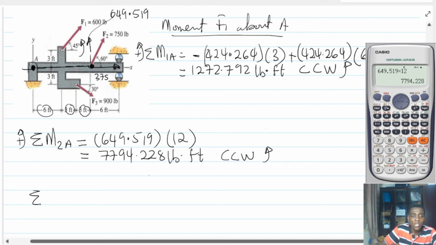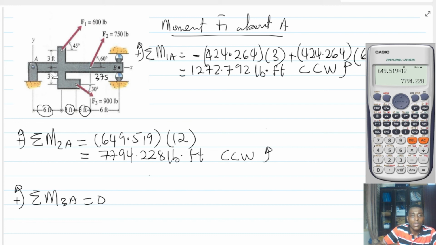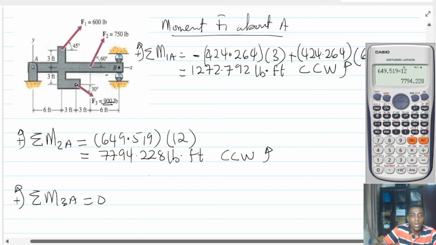Finally, let's look at summation of moments for the third force about A. So we want to now look at the 900-pound force, this one. So again, we are going to resolve this into X and then Y.